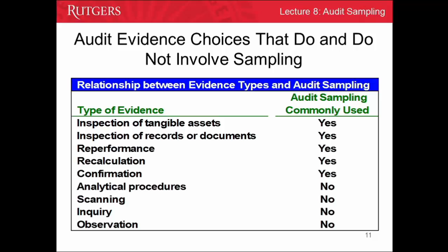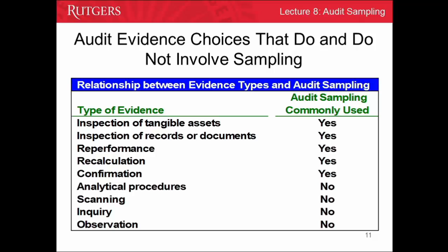In assessing the risk of material misstatement or in auditing an account balance or a class of transactions, the auditor seldom relies on a single test. Generally, the auditor applies a number of audit procedures in order to reach a conclusion. Some audit procedures involve sampling as defined by auditing standards, while others do not involve sampling.